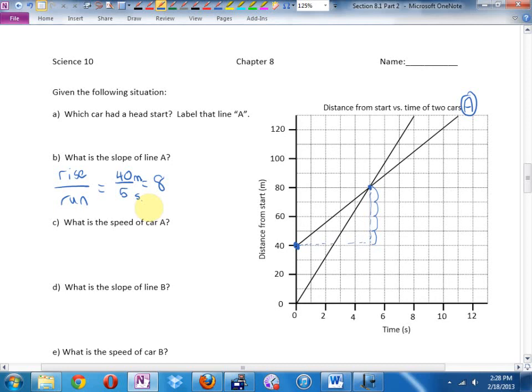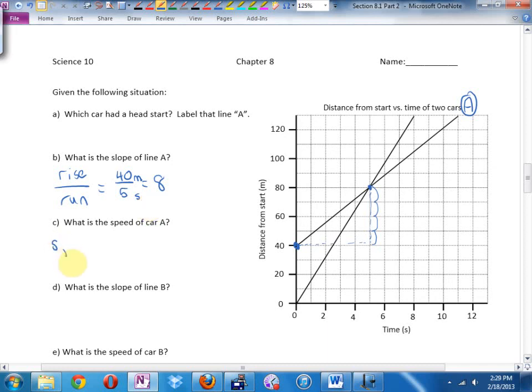The speed is the slope. Dylan, what did we say the slope was in part B? What answer did we get in part B? What did we write down? 8. You know what the answer for part C is? You know what the speed is? 8. The slope of a position time graph is the speed.